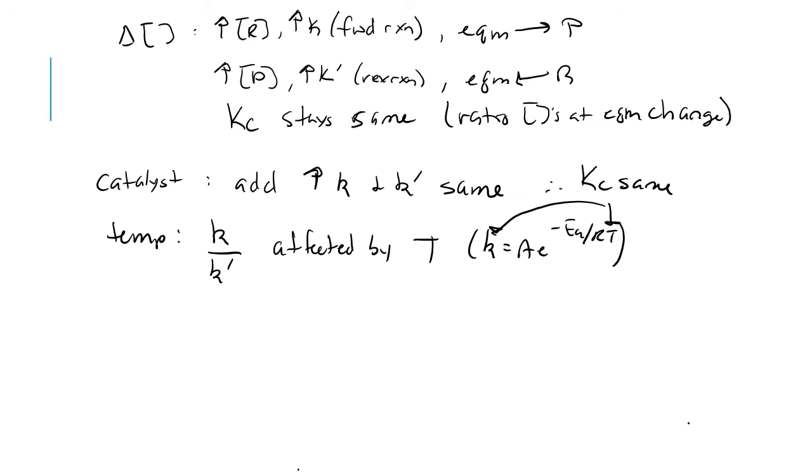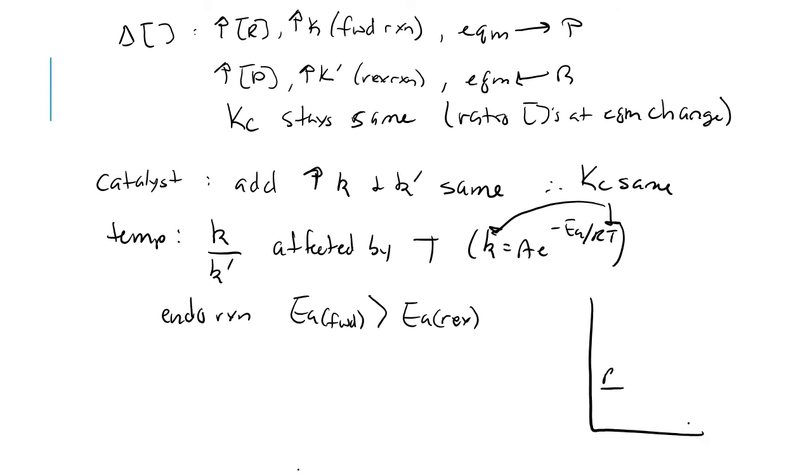All right, so if we take that understanding, if we have an endothermic reaction, the Ea of the forward reaction is going to be higher than the Ea of the reverse reaction. Because if we draw this for an endo reaction, we have to use a lot more Ea to get to those products than the products have to use to get back towards the reactants.